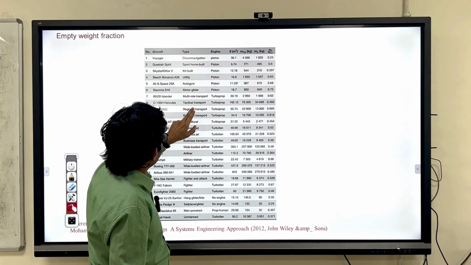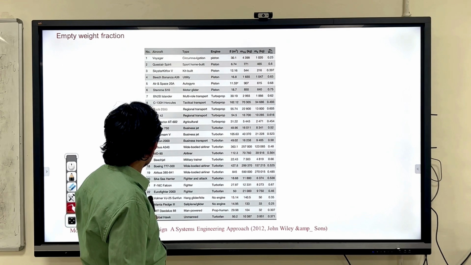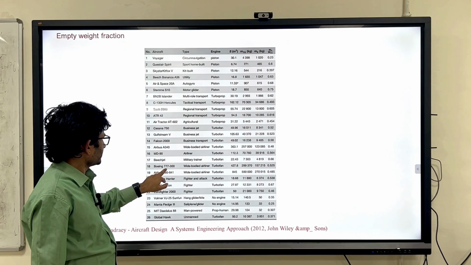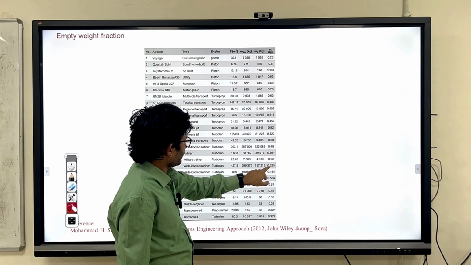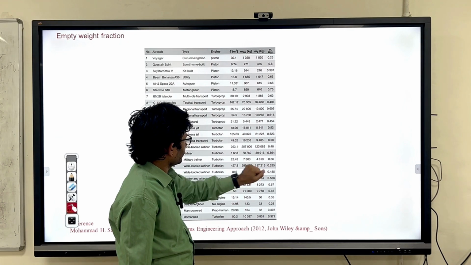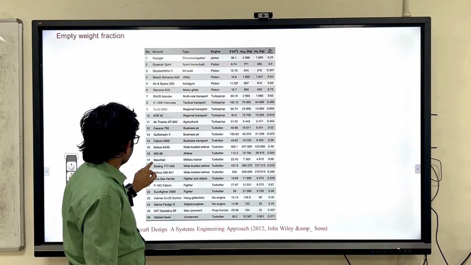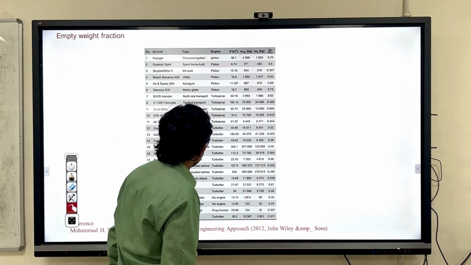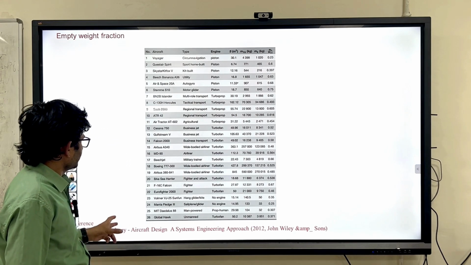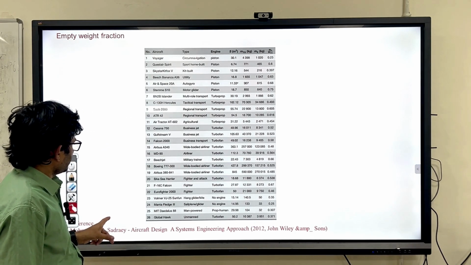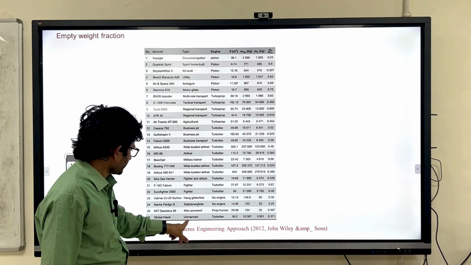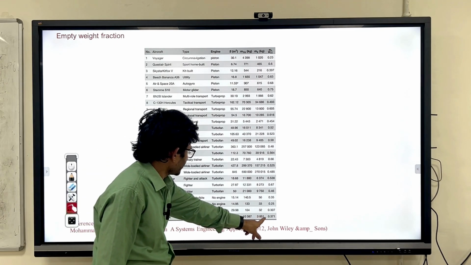When you pick the famous aircraft Boeing 777-300, the ratio is around 0.52, and for the Beech jet, if you consider, this is like 0.66, and one more, the Global Hawk, if you consider, this is 0.37.